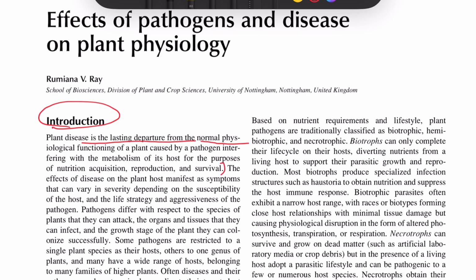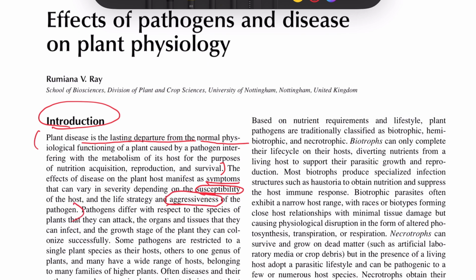Okay. The effects of disease on the plant host manifest as symptoms that can vary in severity depending on the susceptibility of the host and the life strategy and aggressiveness of the pathogen.